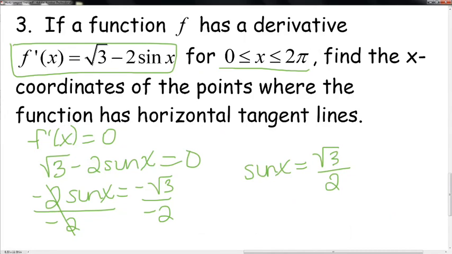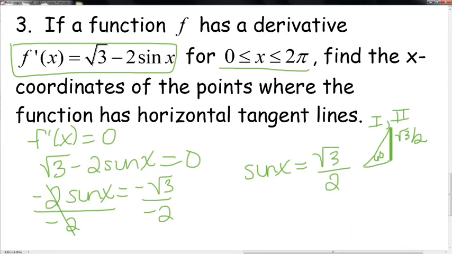Well, that means I'm looking for values of x where sine is positive. Sine's positive in quadrant 1 and in quadrant 2 because we're talking about the y. And root 3 over 2 means, if I'm looking at a triangle, I'm looking at which angle has the longest side. Well, that would be a 60 degree angle.